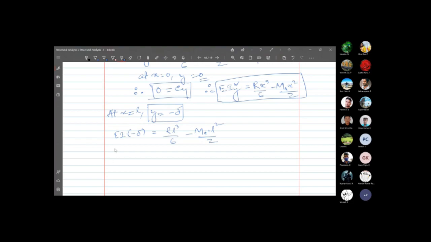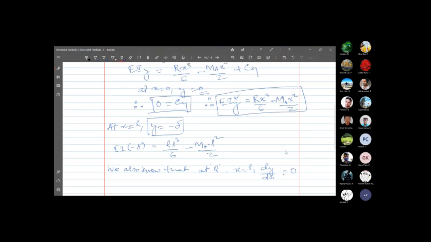We also know that at B, that is x equals to L, the dy by dx value is 0.